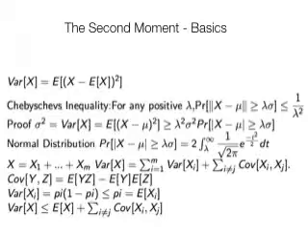This is in the fourth line of our keynote. Here, the second sum is over ordered pairs, and the covariance Cov(Y, Z) is defined as the expectation of YZ minus the expectation of Y times the expectation of Z. In general, if Y and Z are independent, then the covariance of Y and Z equals 0. This often simplifies variance calculations considerably.